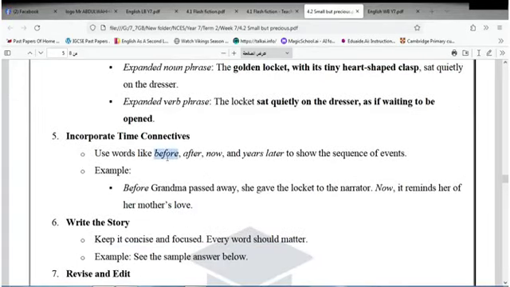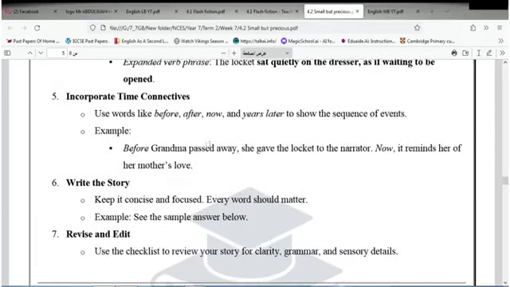I have to mention time sequencers like before, after, now, first, then, next, after that, later, in order to show the shift in time between past and present. "Before grandma passed away, she gave the locket to the narrator, and now it reminds her of her mother's love."